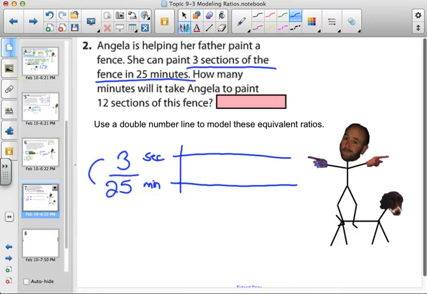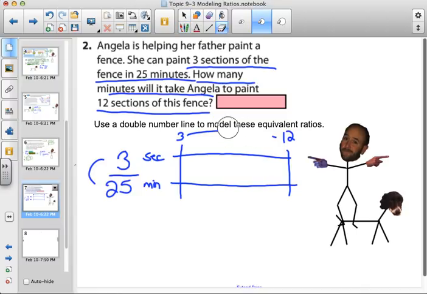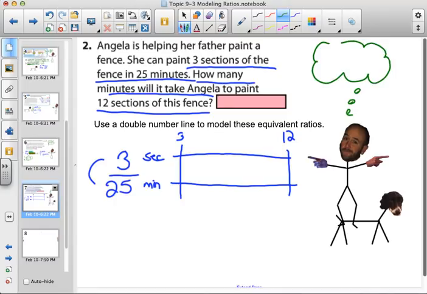So we're going to start with 3, and what we want to know is how many minutes will it take for Angela to paint 12 sections of this fence? Well, we want to go from 3 to 12, which means that 12 is actually a multiple of 3, and we can count up from 3: 3, 6, 9, 12.